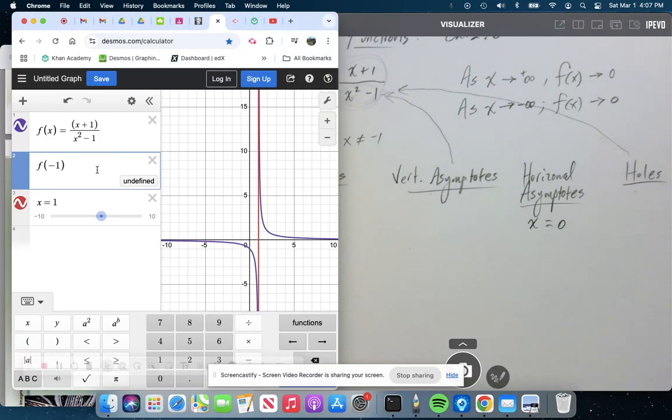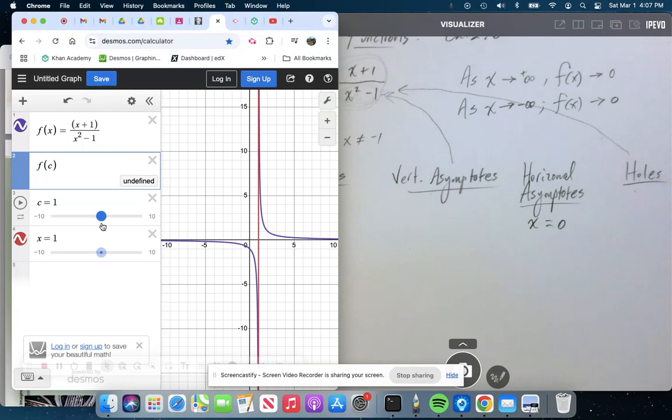So if I put in f of c and add a slider, here I'm going to just slide this, and watch what happens above here as we get close to 0. All right, there's 0, and that's okay. 0 works. -0.3.